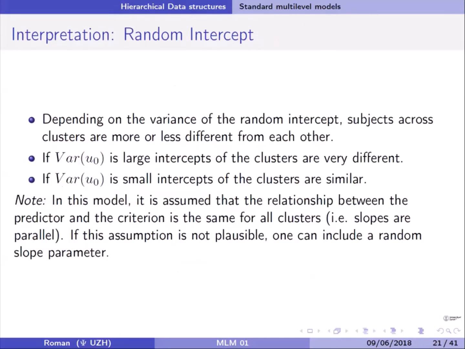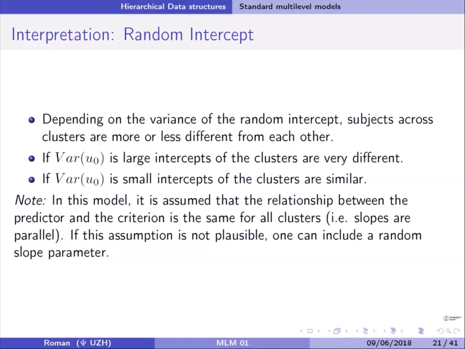All right, so now interpreting our random intercepts. Depending on the variance of the random intercept, subjects across clusters are more or less different from each other. If the variance of the random intercept is large, intercepts of the clusters vary a lot.